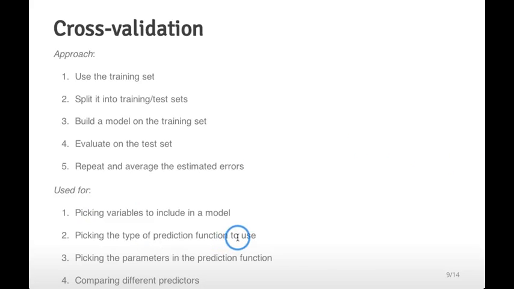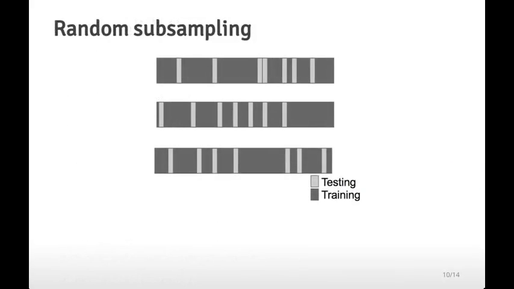So if you have 3 or 4 different kinds of prediction functions that you might want to consider, this will let you distinguish between them, or for picking the parameters in the prediction function. In general, the basic idea is you want to be able to compare a bunch of different predictors, and you want to be able to get an estimate of the error rate that they would have on an independent data set. So here are the ways that you can do cross-validation.